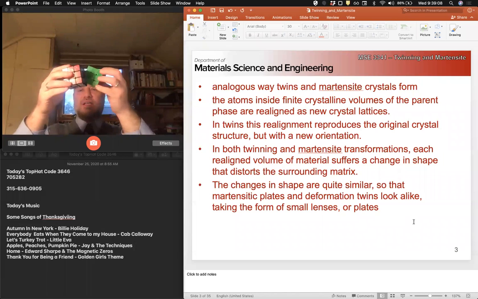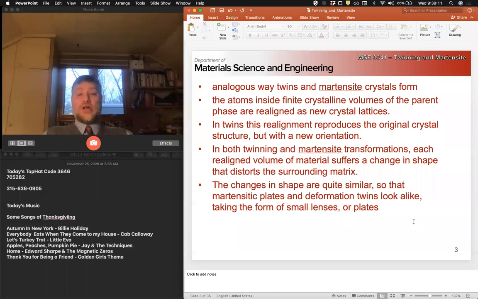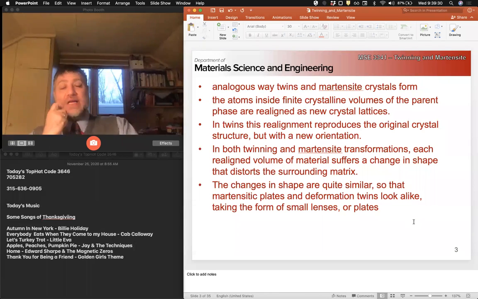But we still maintain a cubic lattice. In martensite, we have a reorientation, but we also have a distortion of the lattice from one crystal structure to the other, right? But the mechanisms and the resulting microstructure end up being quite similar, right?